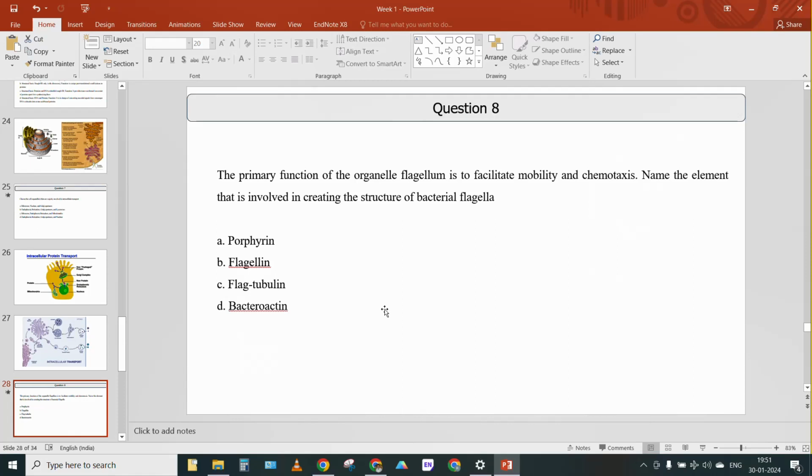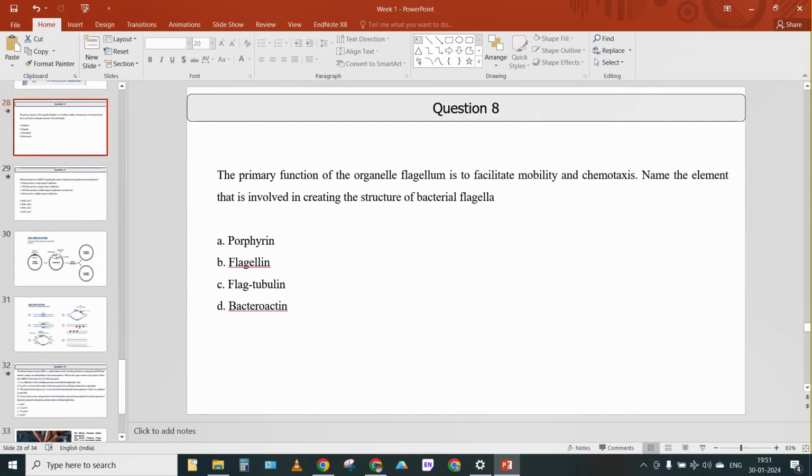Option B, flagellin. Flagellin is a globular protein which arranges itself in a hollow cylinder form, and it's a principal component of the bacterial flagella.